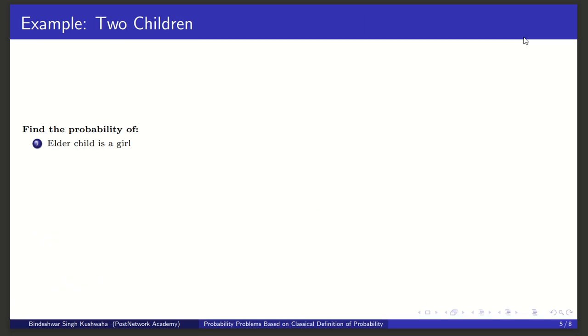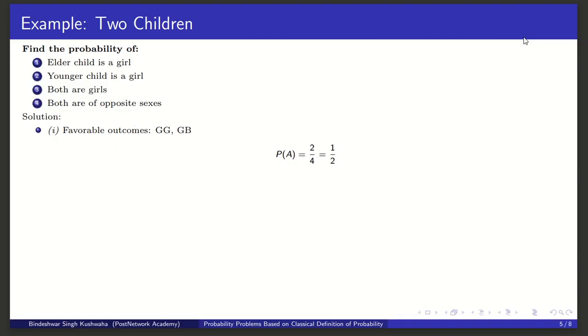Two children. So if there are two children, find the probability of elder child is a girl, younger child is a girl, both are girls, both are of opposite sexes. So first one, favorable cases, elder child is girl, so it may be both girls or a girl and a boy.